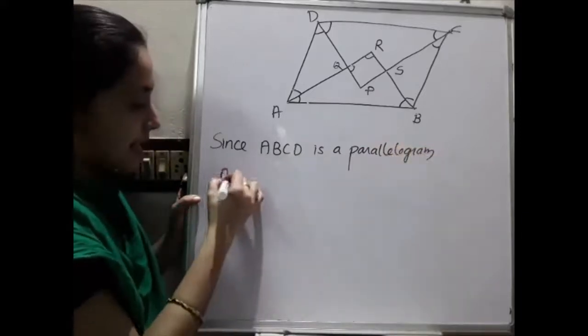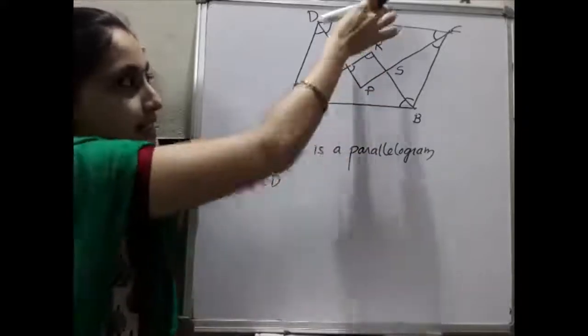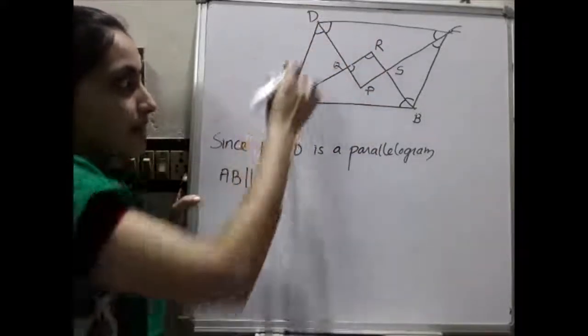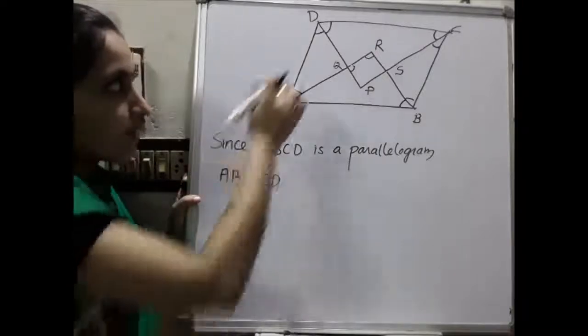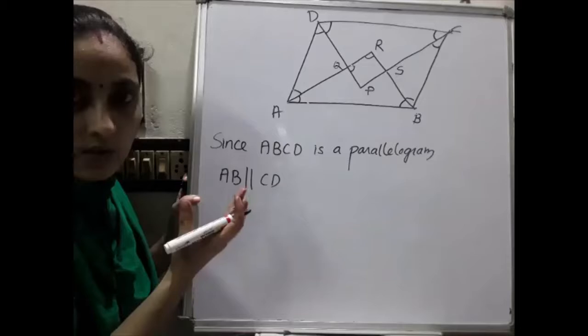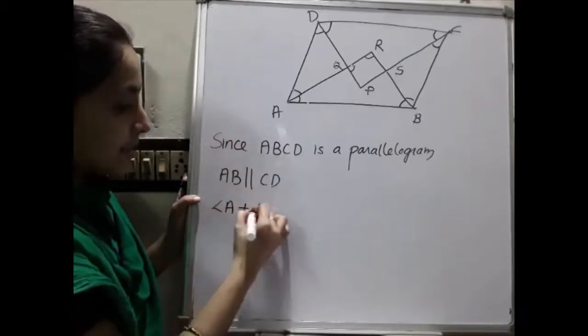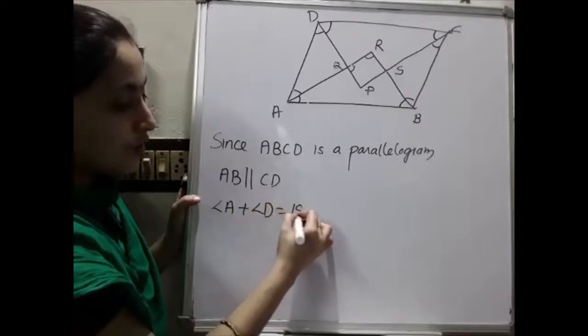That means AB is parallel to CD. This side and this side are parallel, and it is cut by transversal AD. So we can write this angle and this angle form co-interior angles. Co-interior angles are supplementary. So we can write angle A plus angle D is equal to 180 degrees.